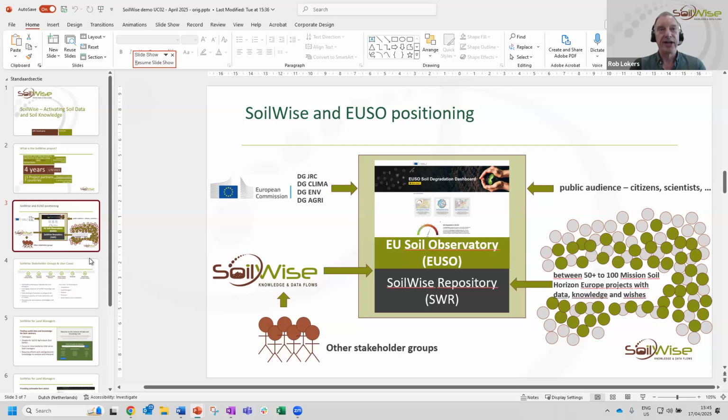On the left-hand side, you see the users. An important user from our side, because JRC will manage this project after the end, is the European Commission. But of course, we're also working for a lot of other people who are interested in soil health. Those are the stakeholders that we try to reach through those user cases.